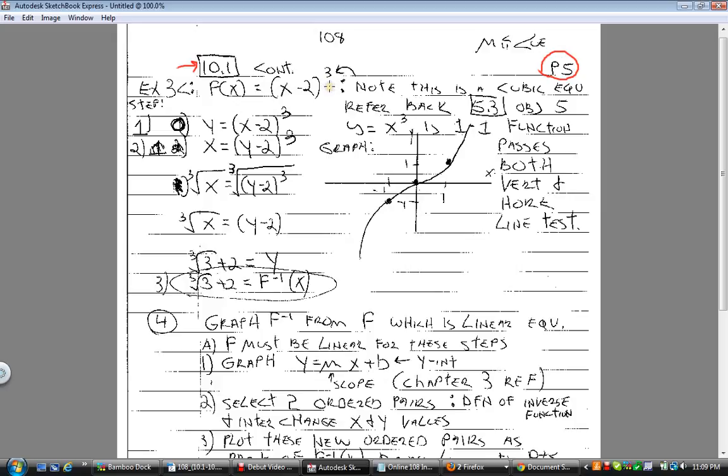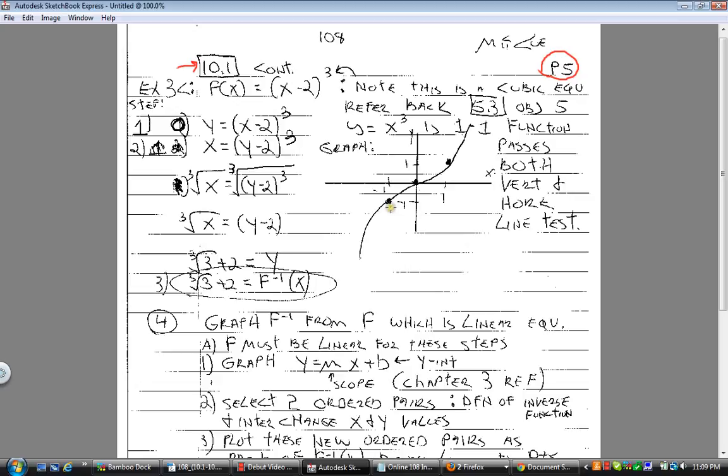But let's just do a flashback, and let's go back to section 5.3, and let's graph the parent cubic function of y equals x to the third. And let's see if we can use our vertical and horizontal line test to determine that it's a one-to-one function. If you are a tad rusty with cubic functions, go back to section 5.3, objective 5, where I quickly graphed it.